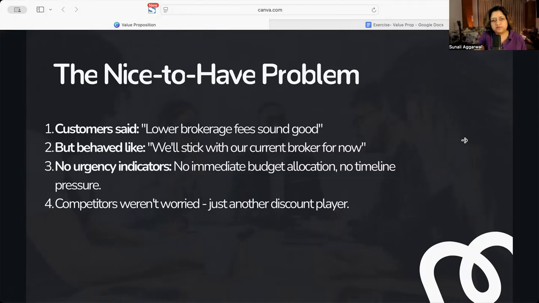Now, in this case, it was coming out as a nice-to-have problem. So again, this is the price aspect that I'm thinking of. I'm constantly talking about the price aspect because a lot of people feel that if they launch a cheaper product, they'll win the market. That's not true at all, right?